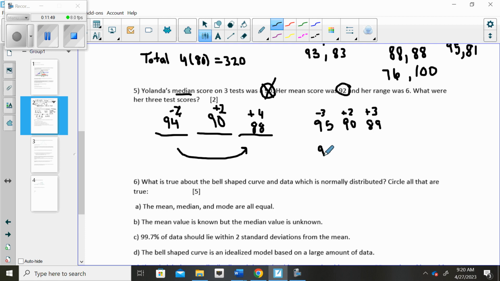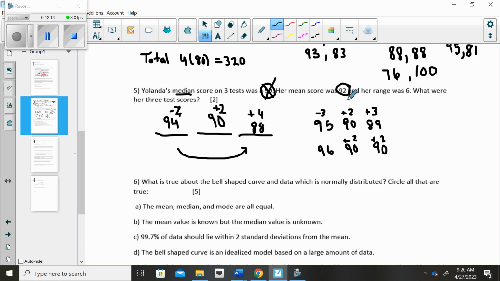So try 96. You might feel like, oh, well, I need to jump up by 2, but remember, if this goes up 1, this gets to go up 1 too. Okay, because the range is 6. So now if I look at this, both of these guys need a 2. Right? They both need 2 more points.